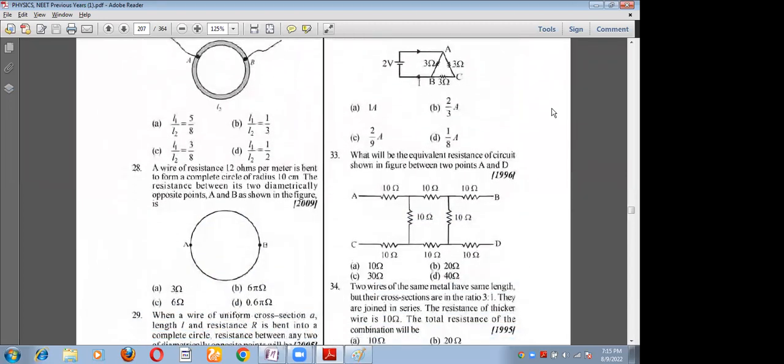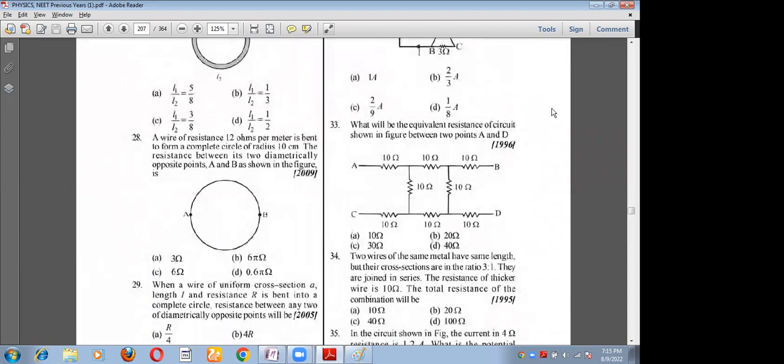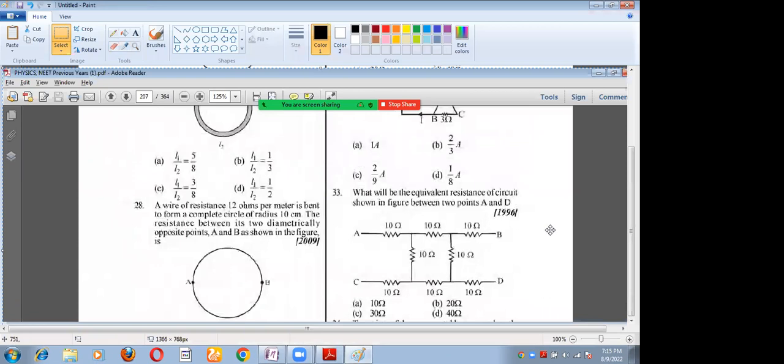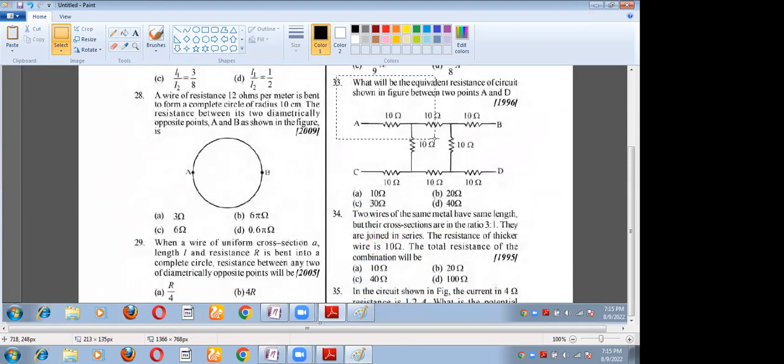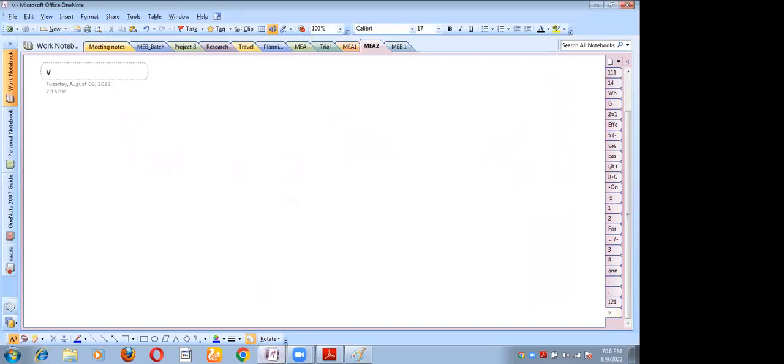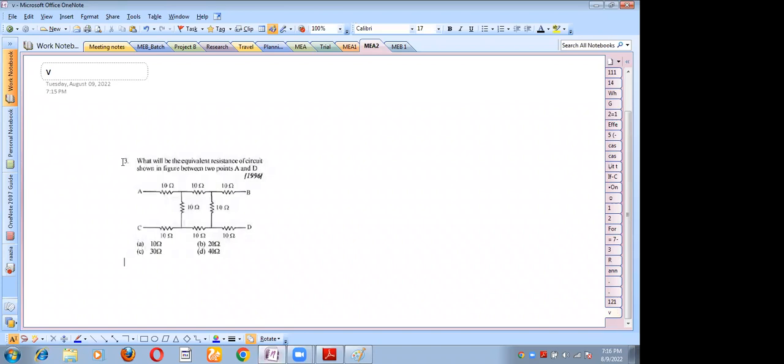Now attempt question number 33. Attempt this question.